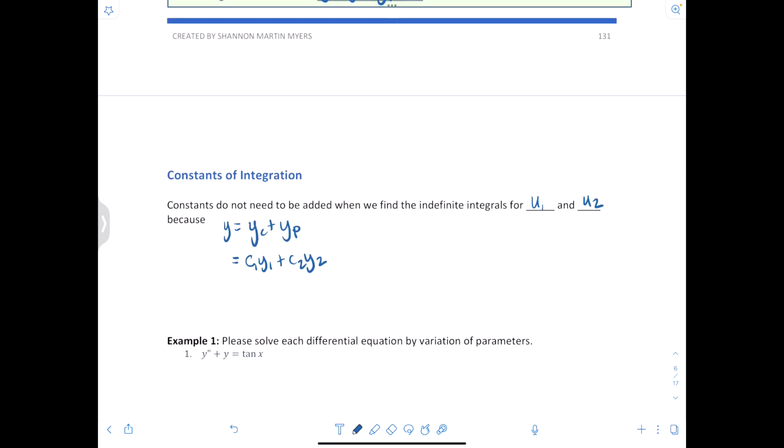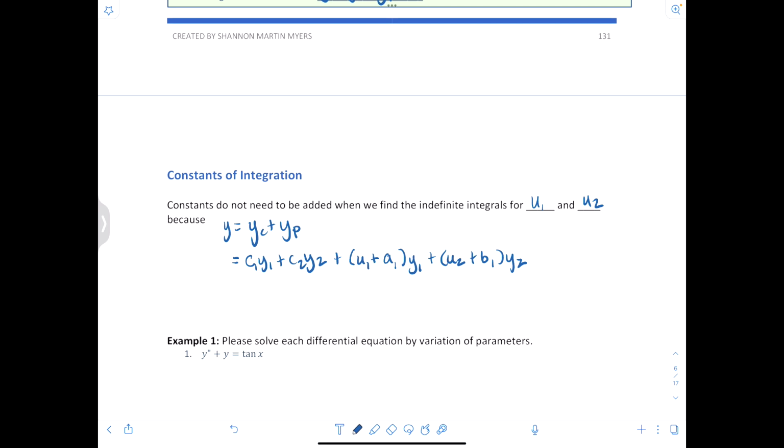And then for your yp, you'll have maybe u1 plus a1, say, times y1, plus some u2 plus b1 times y2.